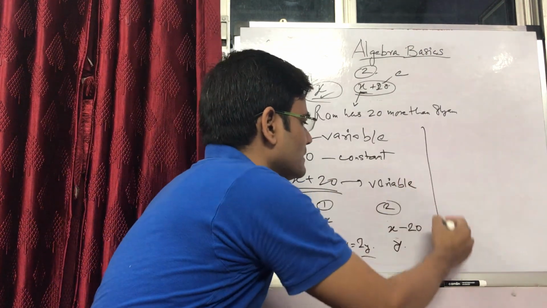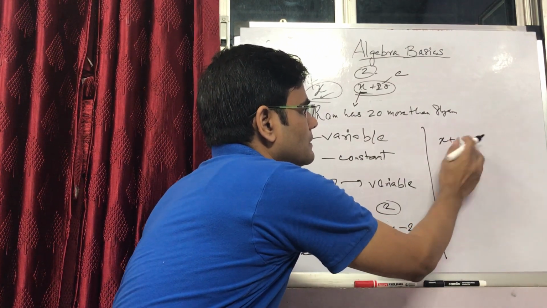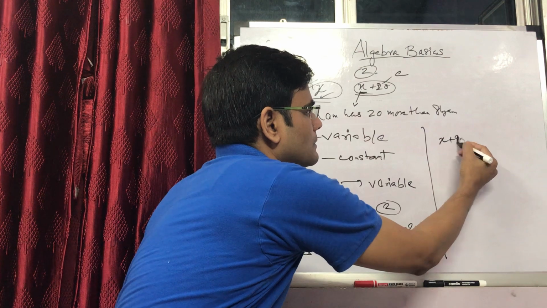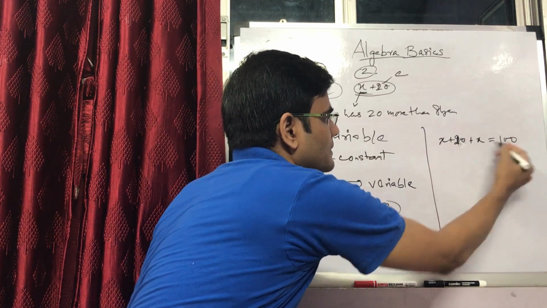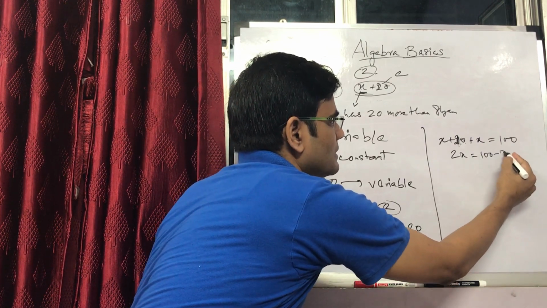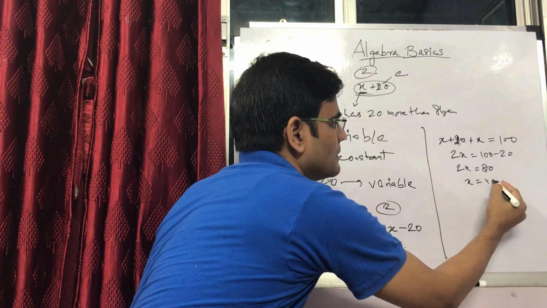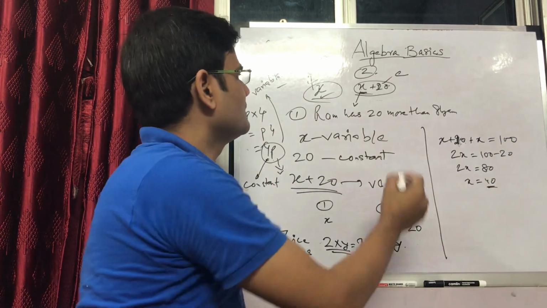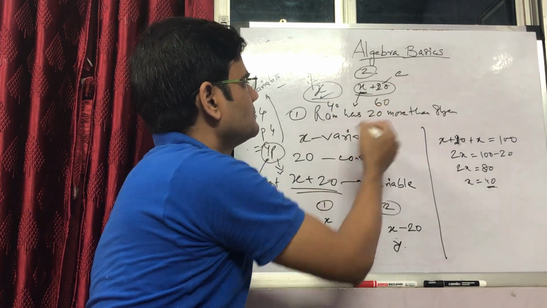So when we said in the previous class that the total of the two amounts is 100, we determined this, right? 2x equal to 100 minus 20, 2x is 80 and x is 40. So then we decided, okay, this is 40 and this is 40 plus 20, 60.